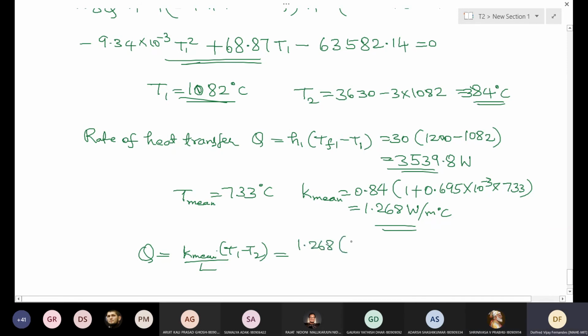1.268 into 1082 minus 384 divided by L, 0.25.